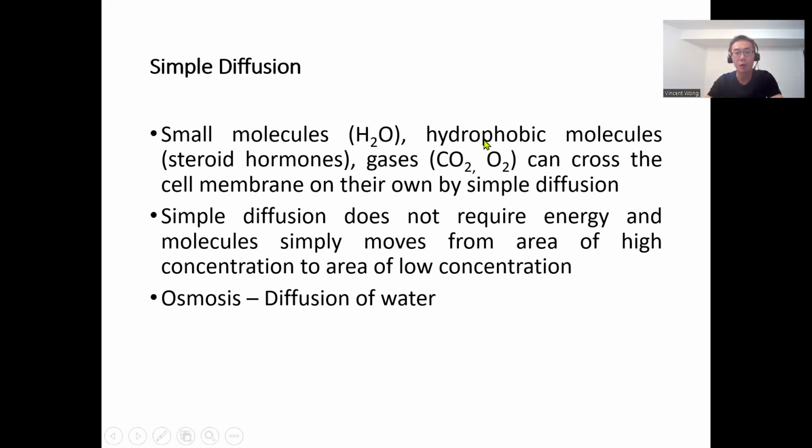And if they're hydrophobic, they would just blend right in. Because if you remember, the phospholipid bilayer has a thick hydrophobic core in the middle that's made up of the tails. So anything that's hydrophobic will have no trouble blending in and then crossing the membrane. Like I said several times already, this process happens spontaneously, no energy is required.